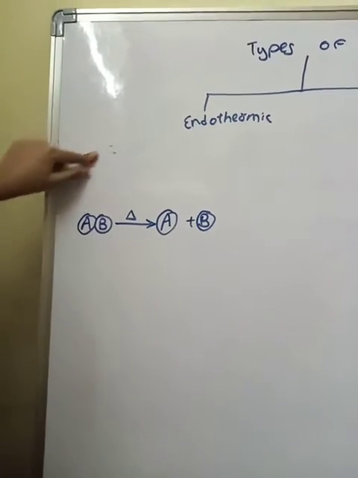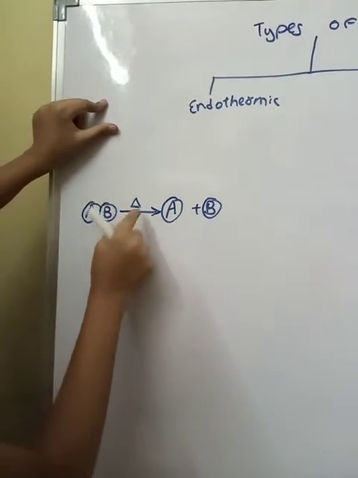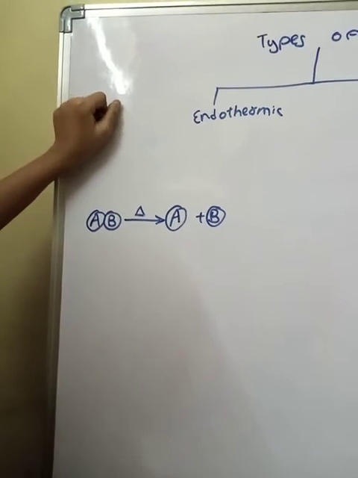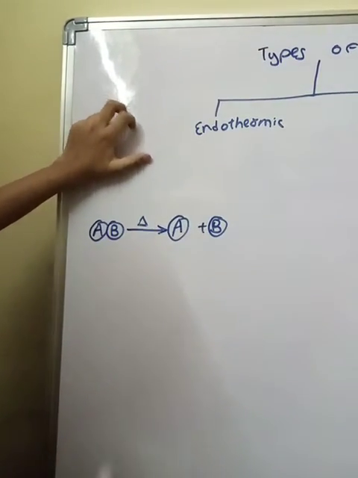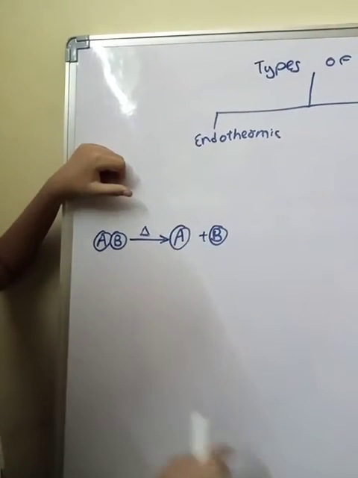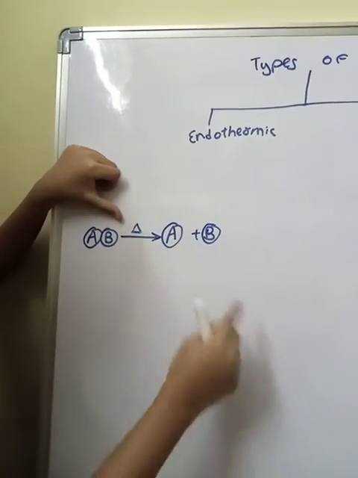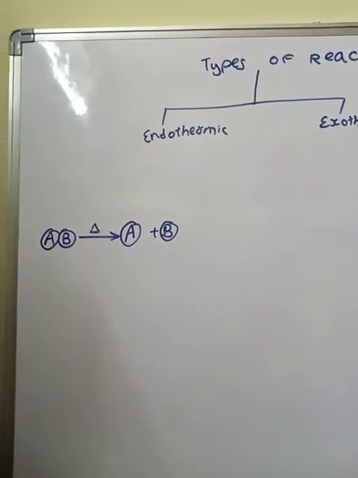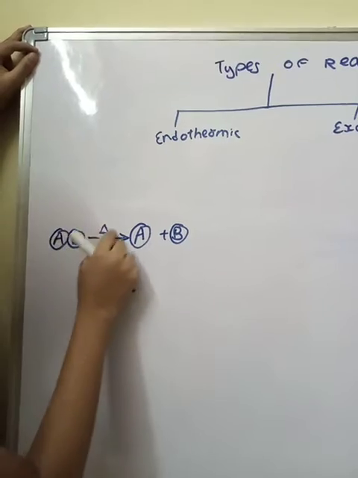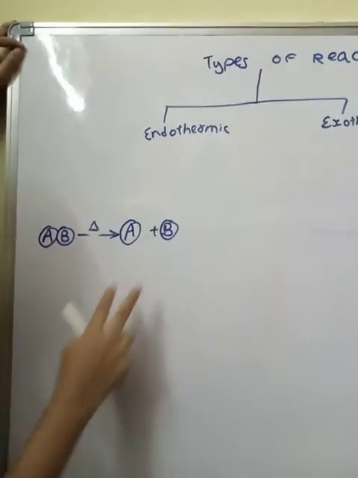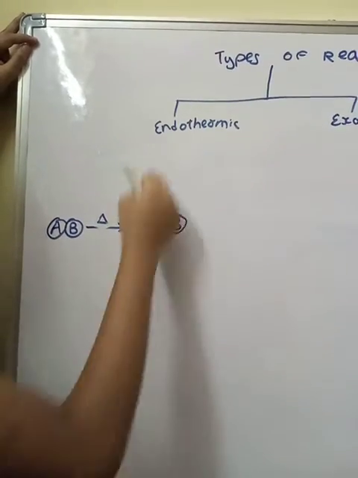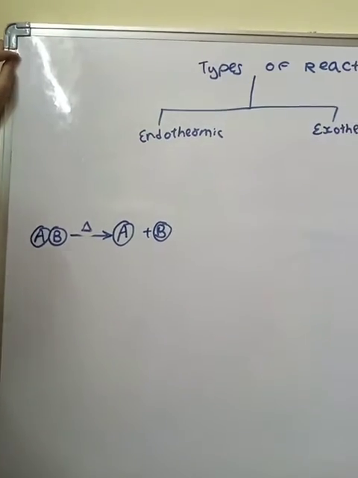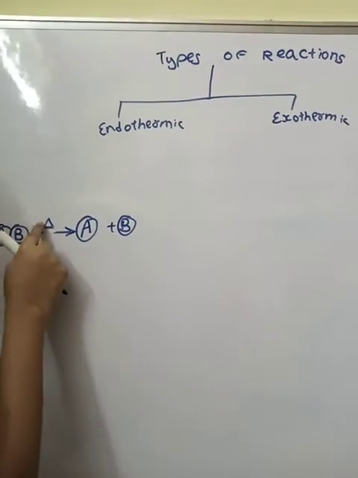The reactions in which energy is supplied through sunlight, electricity or heat. I will tell you later in this video what thermolysis is. The reactions in which energy is passed in are called endothermic reactions.